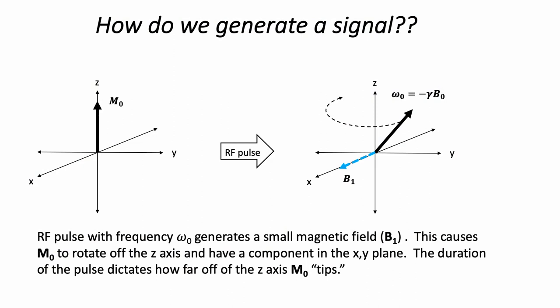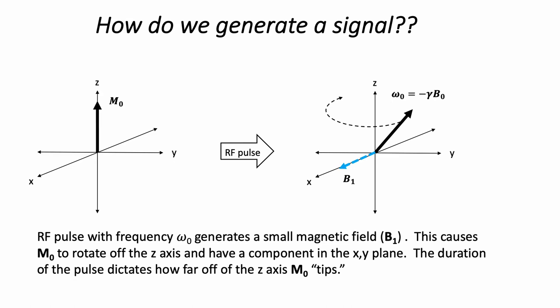If you think of it in terms of vectors, when you generate that radio frequency pulse that has the frequency equal to the difference in those energy levels, you are, in essence, generating a small magnetic field that is aligned, in this case arbitrarily, along the x-axis. That acts to tip this bulk magnetization vector off of being pointed with the main field over into the xy plane.